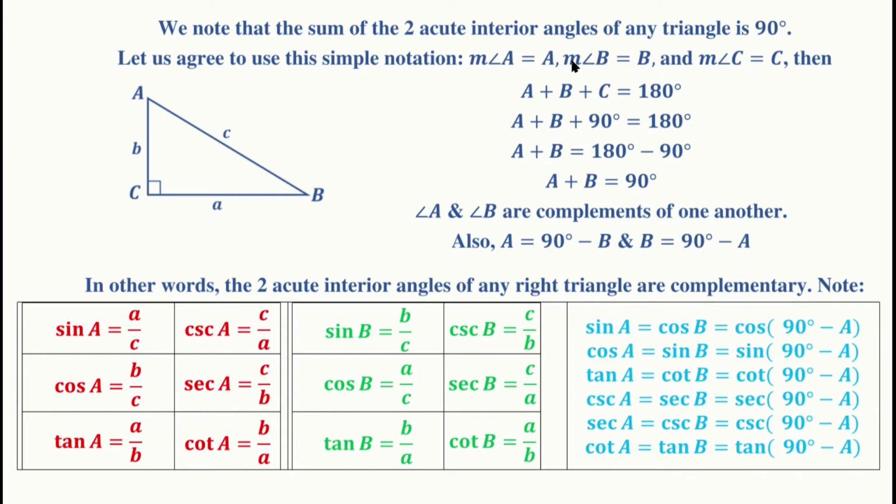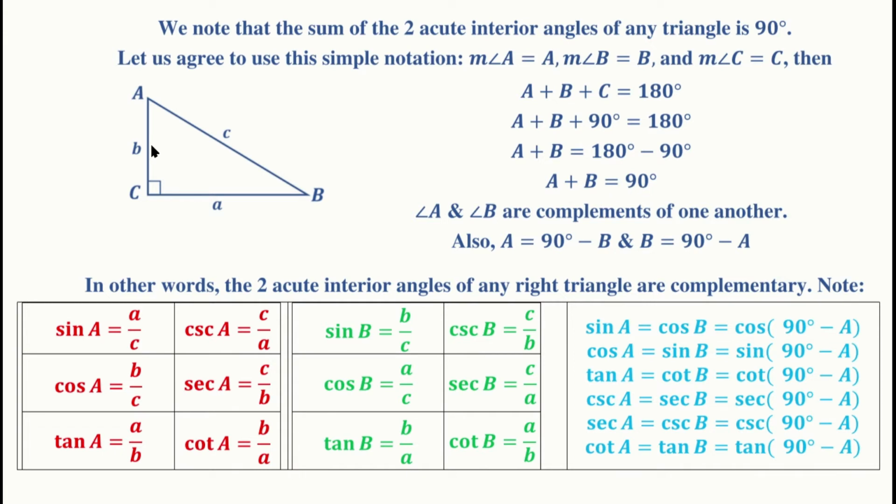So this way we don't have to keep writing measure, angle, etc., right? So we know that A plus B plus C equals 180, right? So A plus B plus 90 equals 180 because C is a 90-degree angle. So we get A plus B is 180 minus 90, so we get A plus B equals 90.